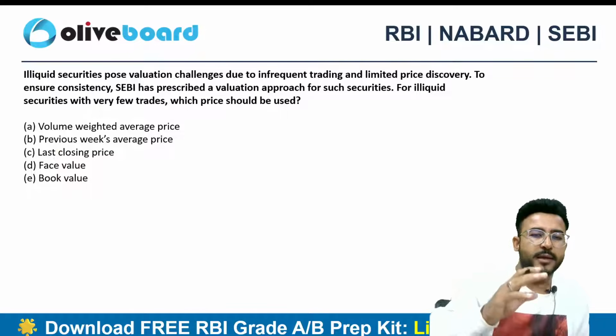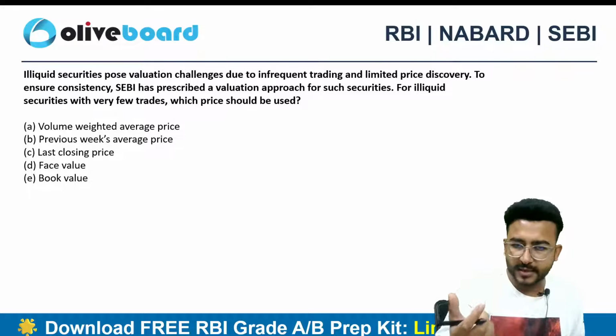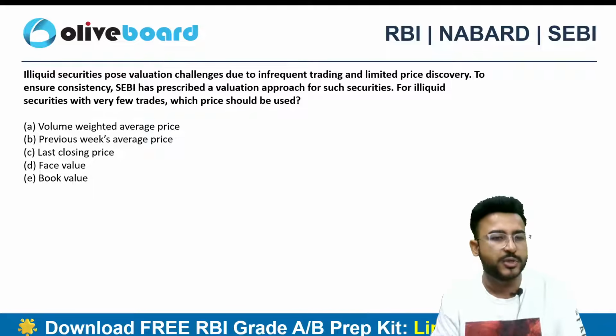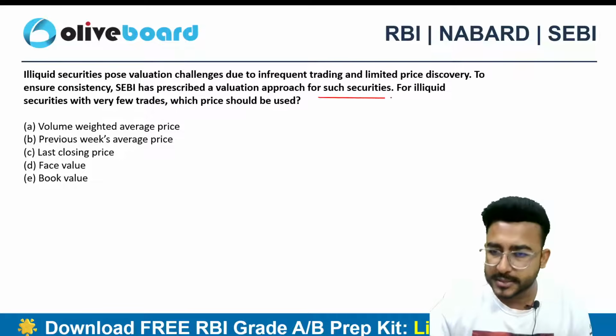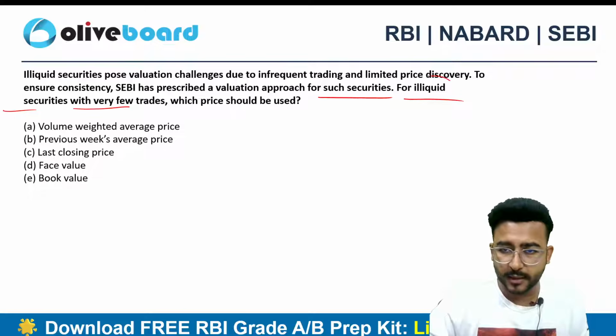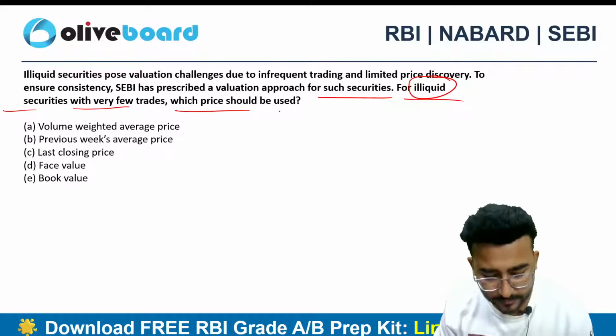Next one is about illiquid securities. Illiquid securities pose valuation challenges due to infrequent trading and limited price discovery. To ensure consistency, SEBI has prescribed a valuation approach for such securities. For the illiquid securities with very few trades, that's what makes the security illiquid, right, which price should be used?